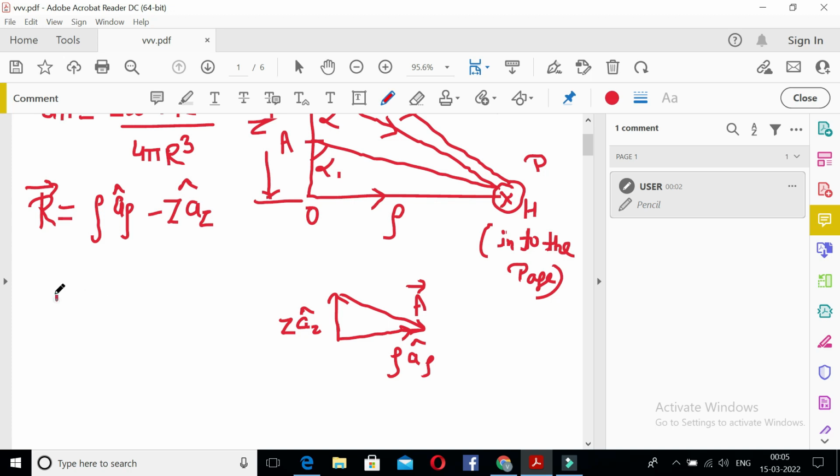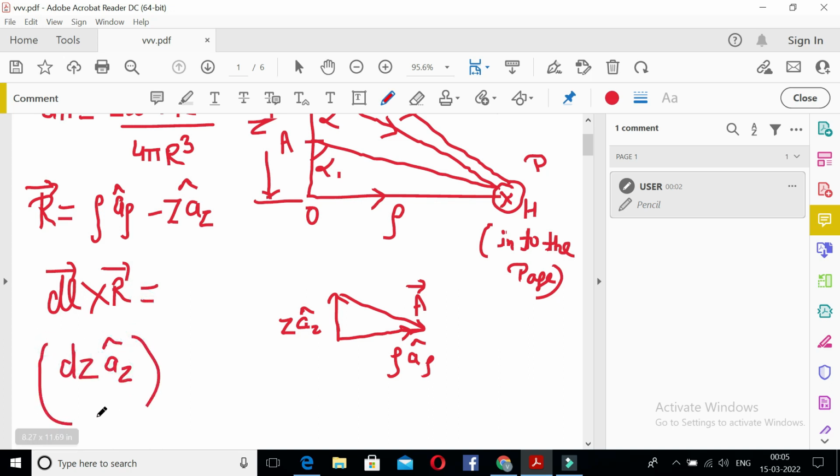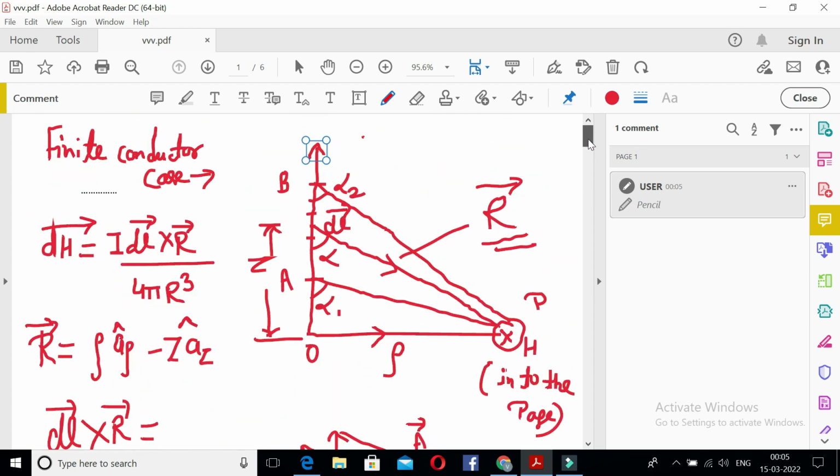Now dl cross r vector becomes dz az cap cross rho a rho cap minus z az cap. Why is dl dz az cap? Because dl is in the direction of z.